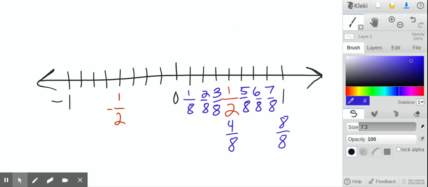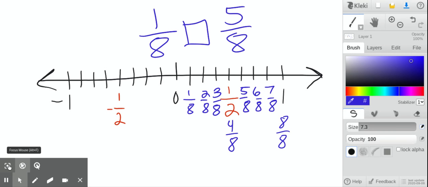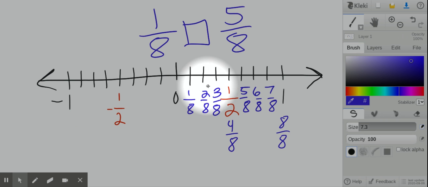All right. So let's say I was comparing fractions. So let's say I was comparing 1/8 to 5/8. Well, when we're looking at the number line to the right of 0, the further right we go, the larger the value.